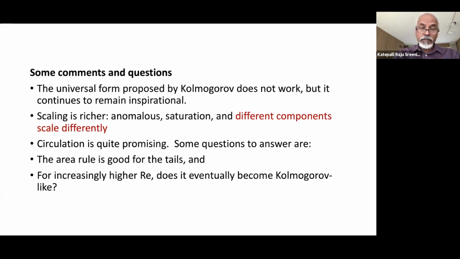And do they eventually become Kolmogorov-like? In other words, some straight line in the plot of structure functions as a function of the order of the structure function. It doesn't have to be exactly 1/3. So those are the types of questions that occur to me that we could discuss.